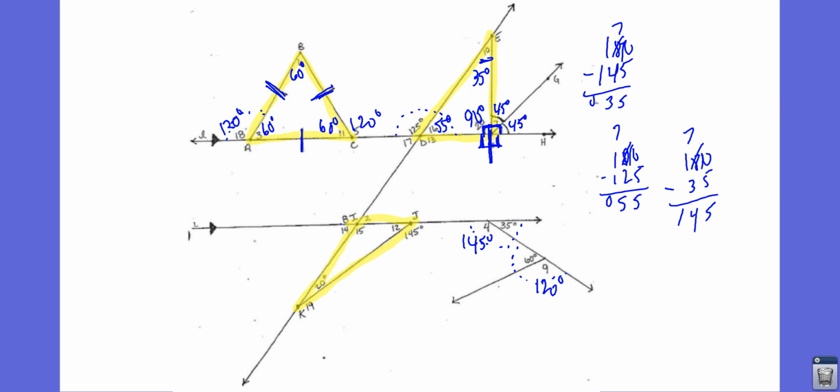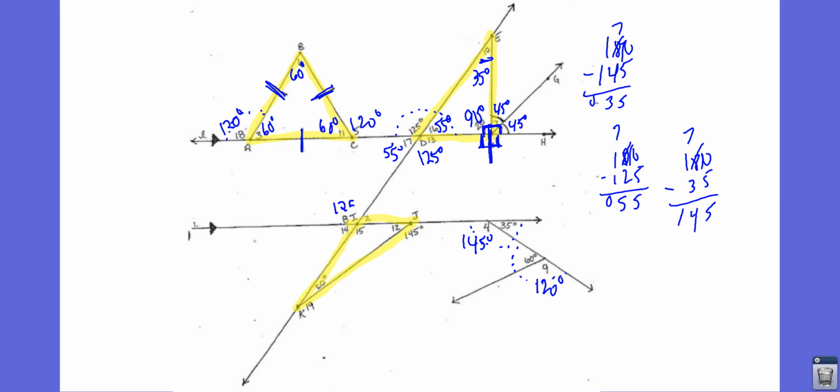All right, so we can go vertical from 16 to 17 right there, 55. We can go vertical from that 125 degree over to number 13, which is 125. This is where the alternate interior will come in handy. So we can go over to here, 125.